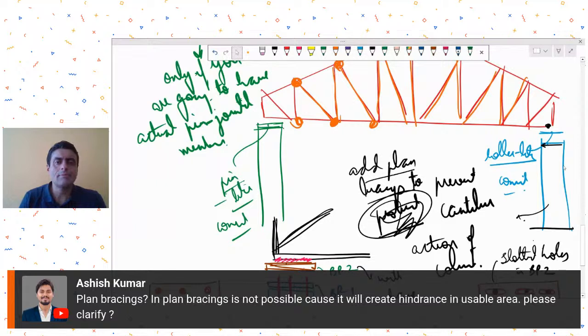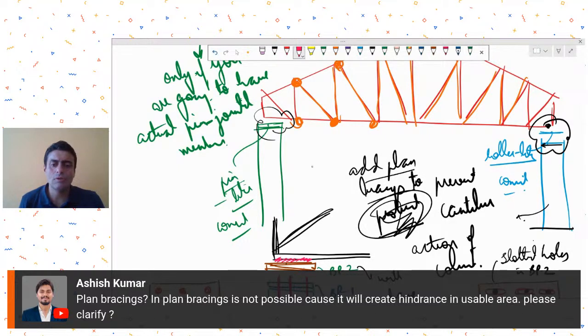And always remember, in truss like systems, this connection is at best a partial movement restraint connection. Okay, these connections are not very good that way, I would say. So it's always recommended, if you are using a truss column system, to add plan bracings and tie runners.